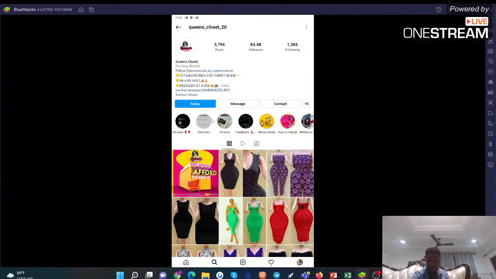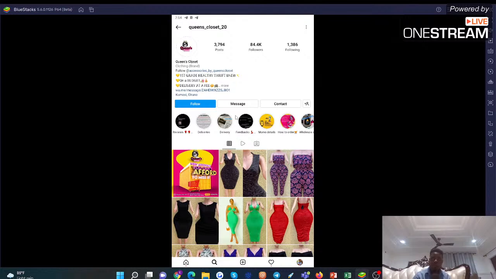So in terms of product design, the Queen's Closet founder went through this process. First, she tested, and people were not buying when the pictures were taken on the floor. She bought a mannequin and started putting the dresses on it. Still people weren't buying. Then she started editing the pictures. Now people were responding.